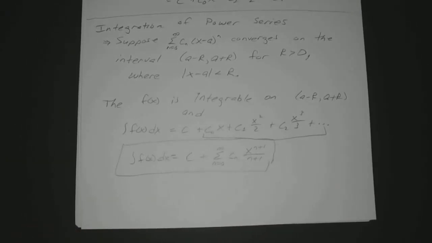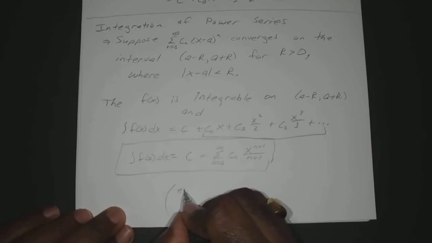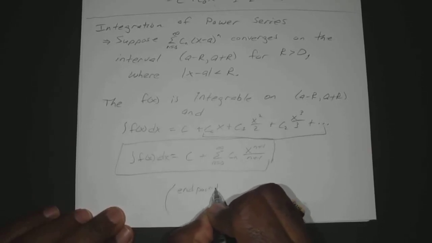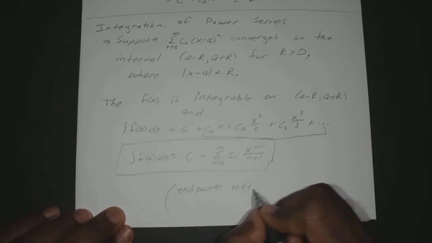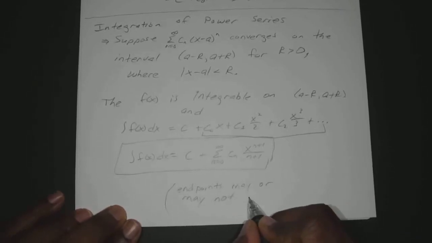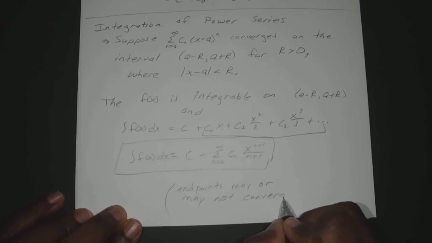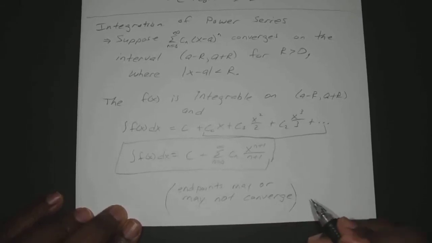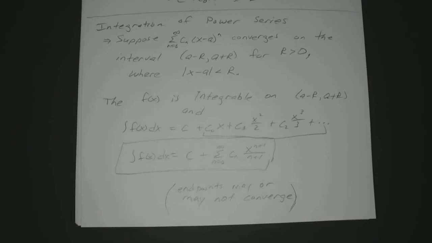Okay. And once again, this tells us that the endpoints might or might not converge. So we'd have to test them. So I'm going to buy stock in pencil leads the way I go through these things.